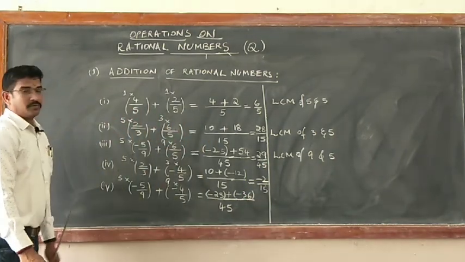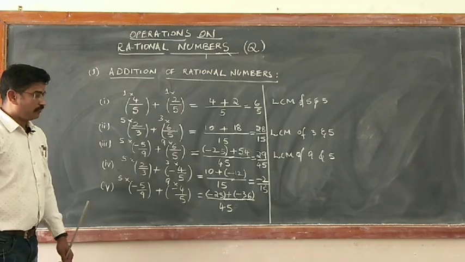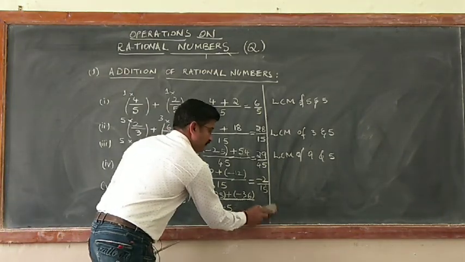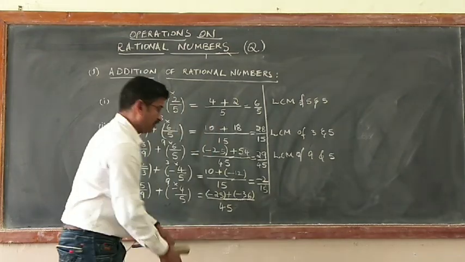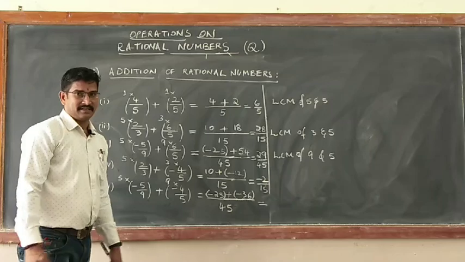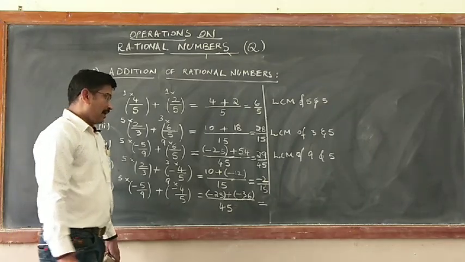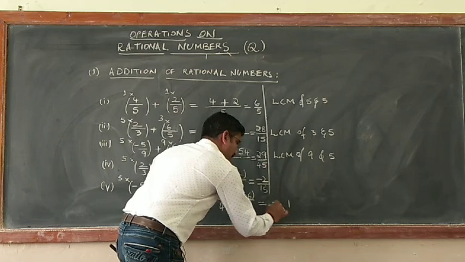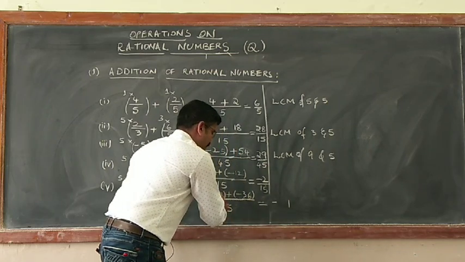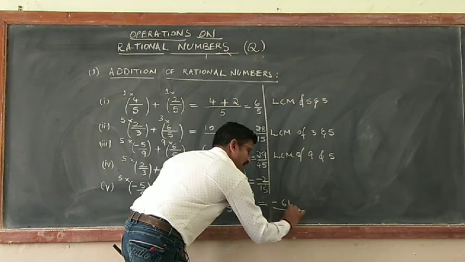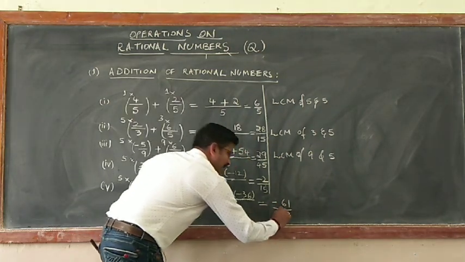Now, the sum of any two negative integers is negative in nature. So, the result is minus 25 and minus 36. When they are added, minus 6 plus 5 is 11, and 3 plus 1 plus 2 is 6, so minus 61 upon 45.